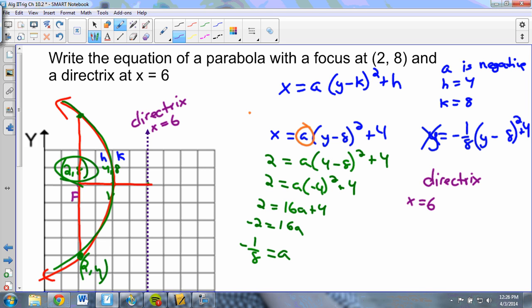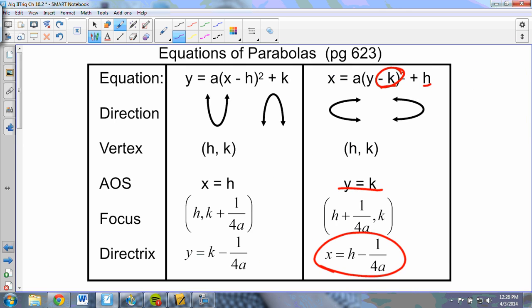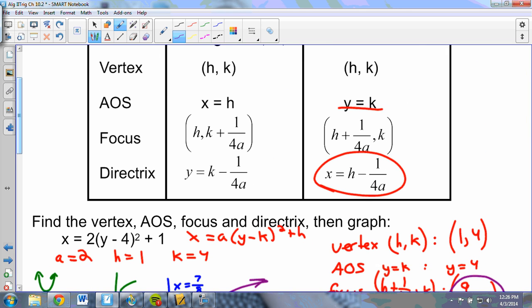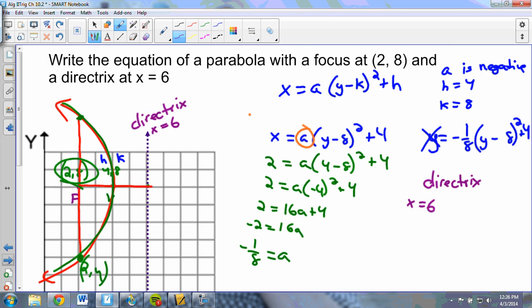But we know to calculate a directrix, we do this: H minus 1 over 4a. But I know that x is 6, and that h is 4, and I can solve that for a.